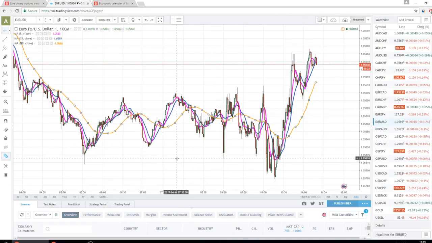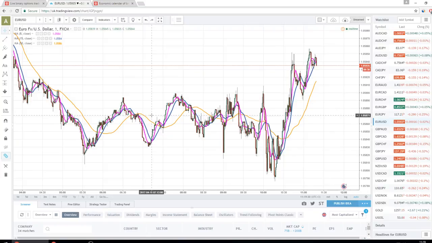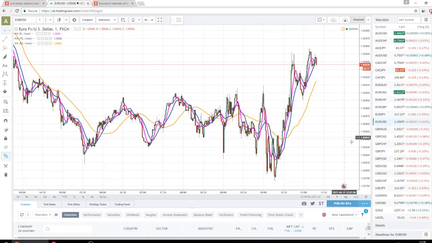So what do we have here? Basically we have 3 moving averages with different periods. So how can we use it in our analysis, in our approach to trading?